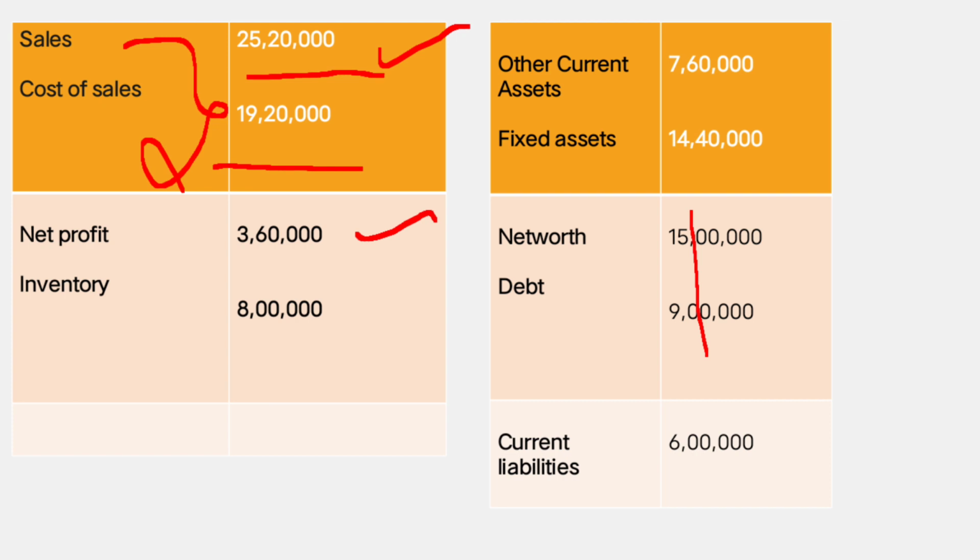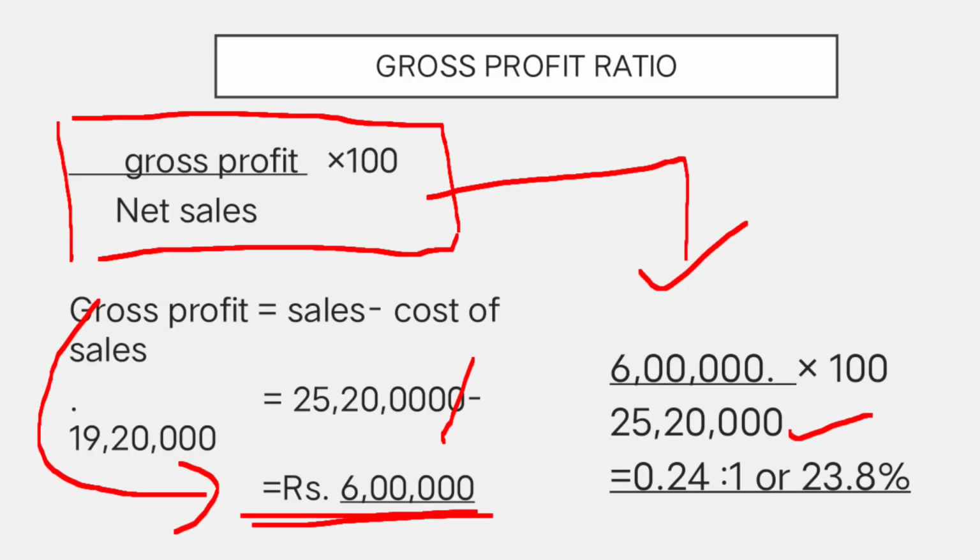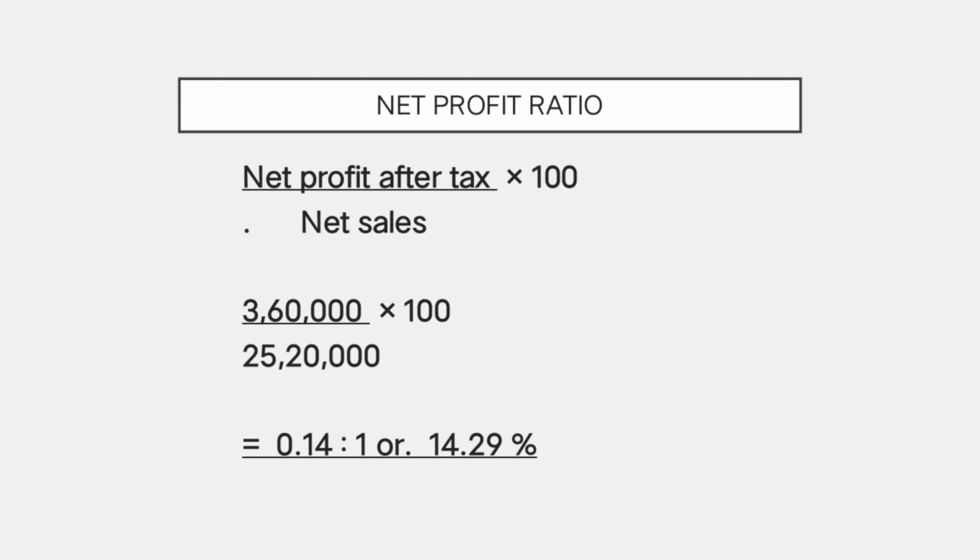So 3,60,000 divided by 25,20,000, and multiply with 100, you will get 14.29%. Before multiplying with 100, the ratio is 0.14 to 1.